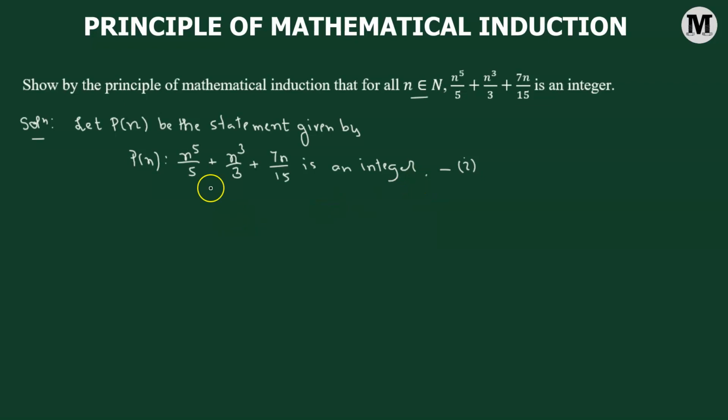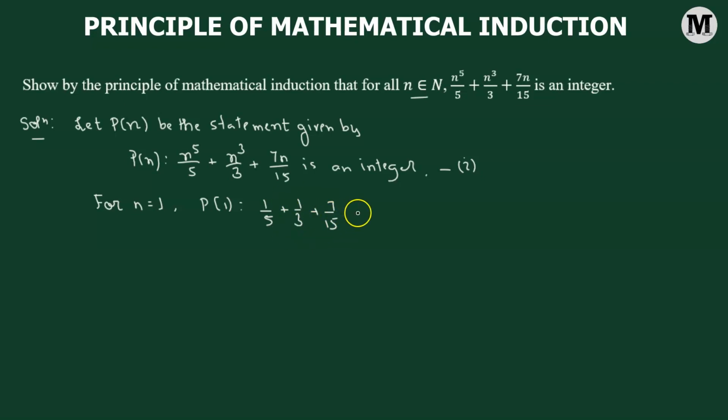Now, in order to verify that this is a true statement, first we will check if it is true for the first natural number 1 or not. So for n equals 1, what do we have? P(1) is 1 over 5, all we're doing is replacing the n value with 1, added to 1 over 3, added to 7 over 15.